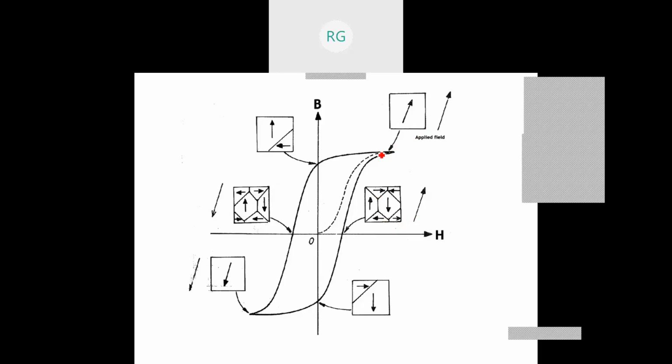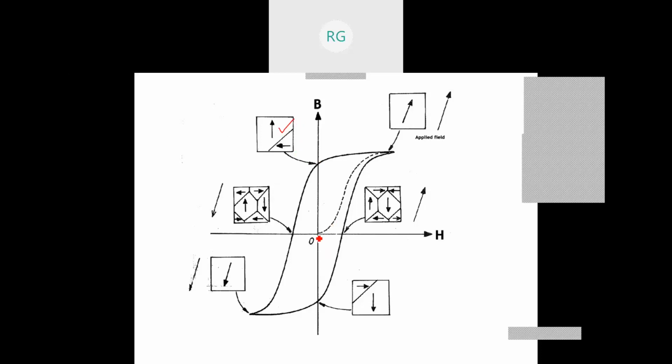If you decrease slowly, then already aligned magnetic domains start rotating in different directions, and therefore, when the magnetizing force is 0, some domains will still be in the direction because they are not able to orient themselves completely in random directions. Therefore, a residual magnetism will be there.